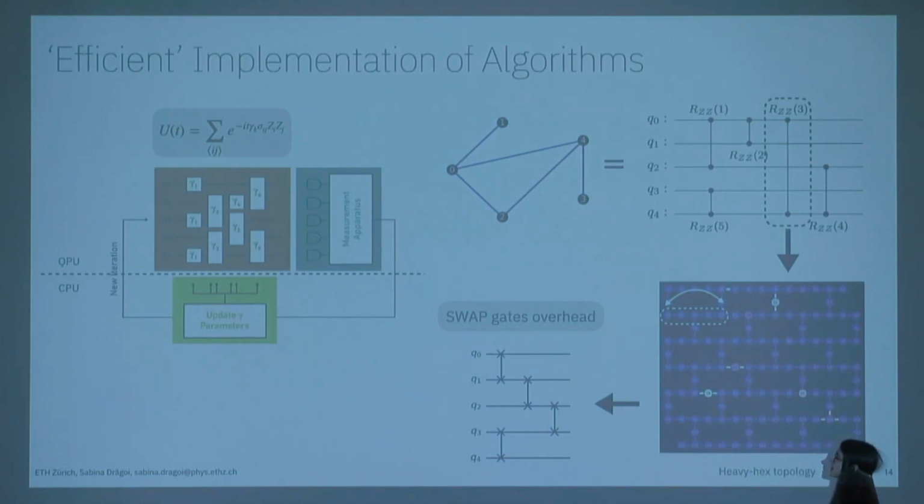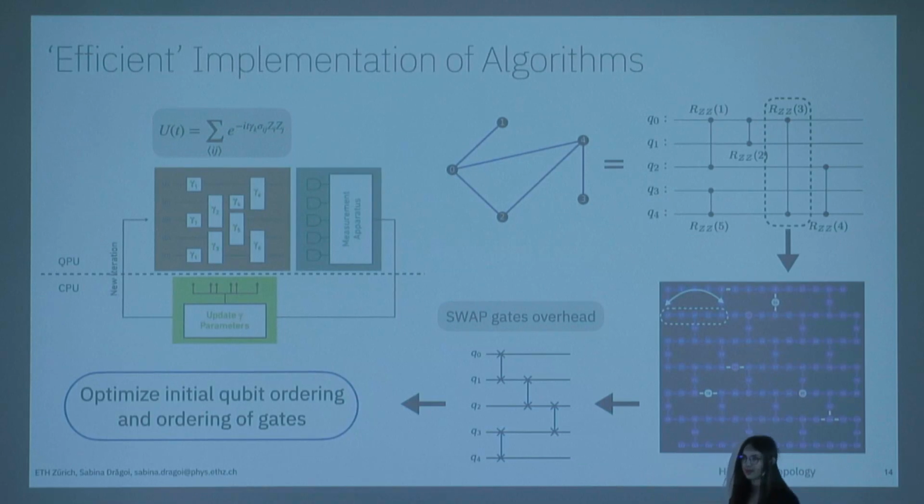And in this case, it's not such a bad overhead to have. But again, if you're looking at larger problems, it can drastically affect the constant factors that we were talking about before. So what you can do is try to optimize over the initial ordering of qubits and the ordering of gates.